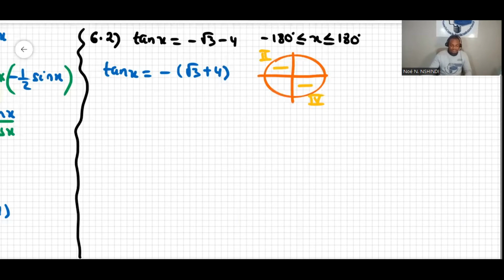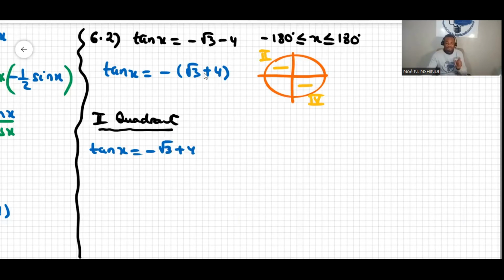In the second quadrants, we have tan x equal to, now right here, tan x equal to negative root 3 plus 4.